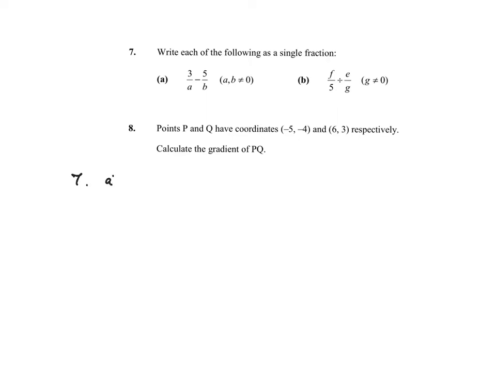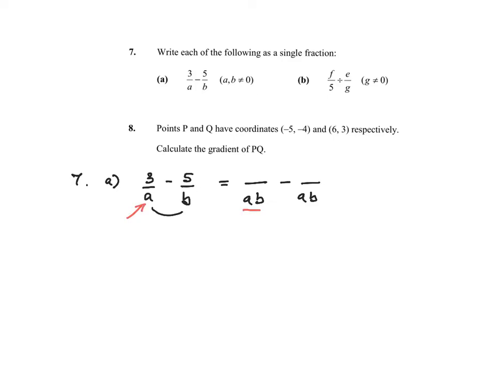Question 7, part A. Now what we want to do is to find a common denominator, and the easiest way to find the common denominator is to multiply these two together. So the common denominator is AB. What do I multiply this A by to get AB?